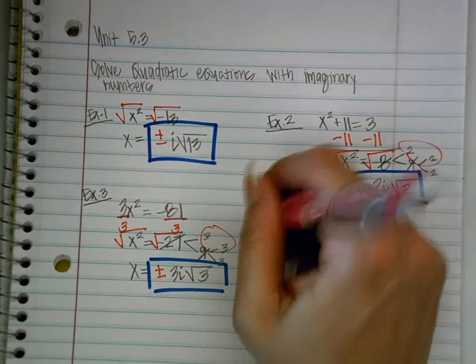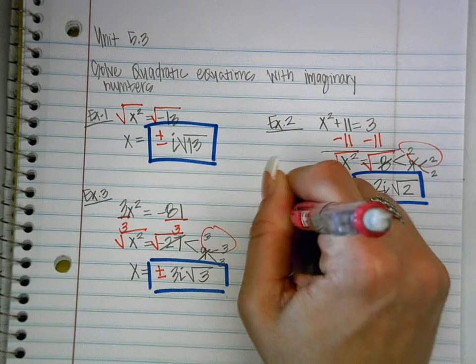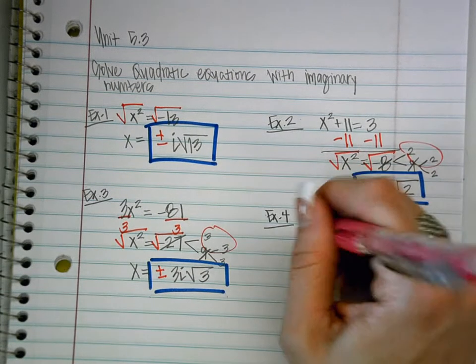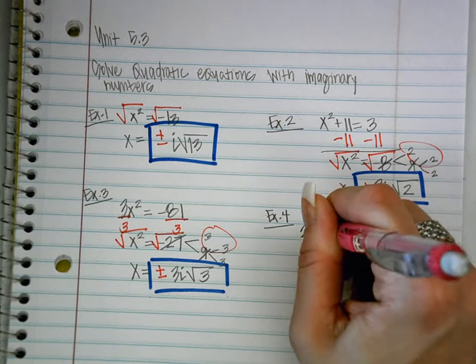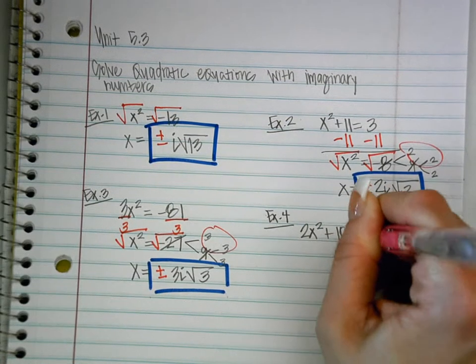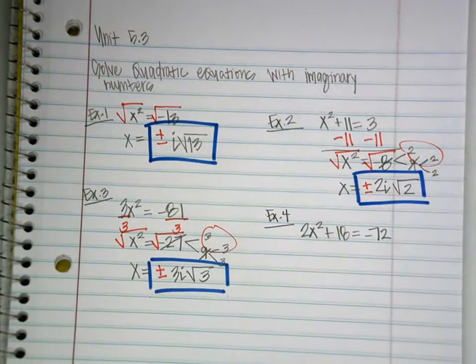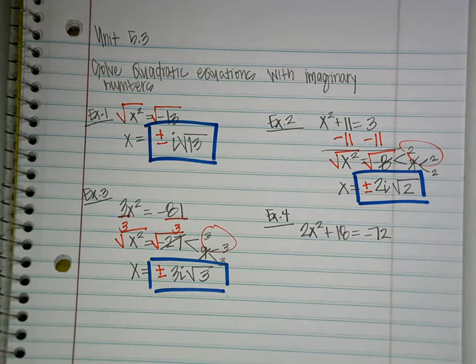Okay, we'll do one more of this type and then we're going to move on to a little bit different type of problem. Let's try 2x squared plus 18 equals negative 72. Where would I start?